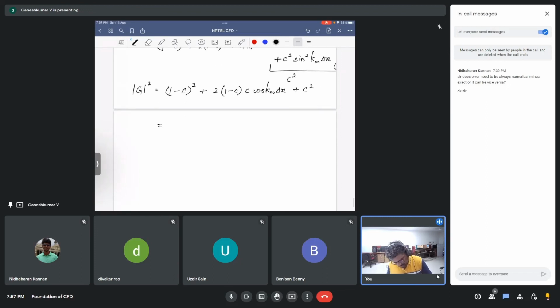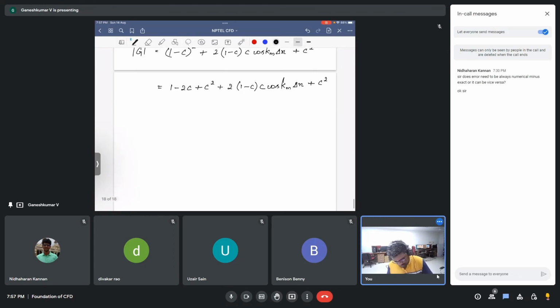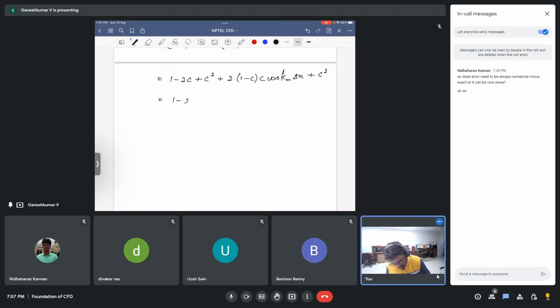We can expand this also: 1 minus 2c plus c square plus 2 into 1 minus c into c cos km delta x. If I make any mistake, please let me know. It will be 1 minus 2c plus 2c square plus 2c times 1 minus c into cos km delta x. How else can you simplify this?